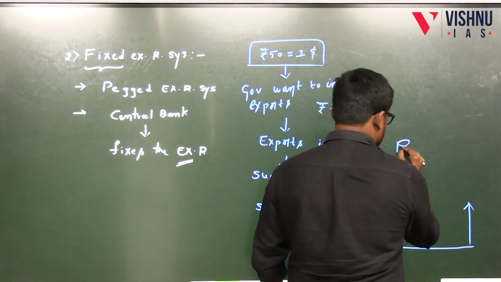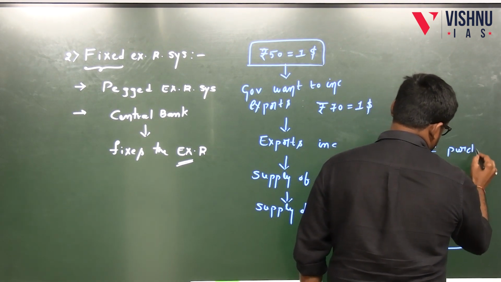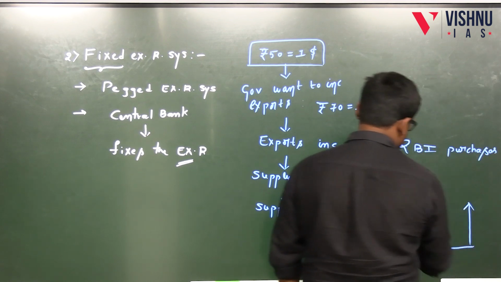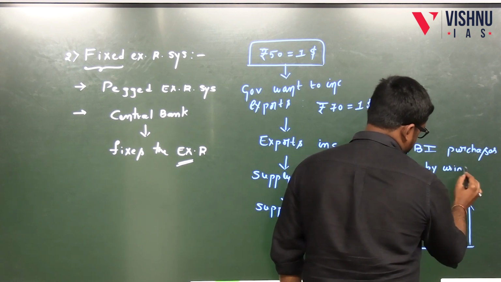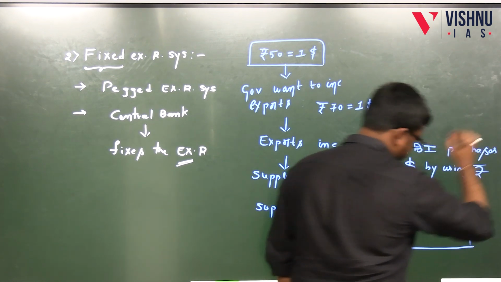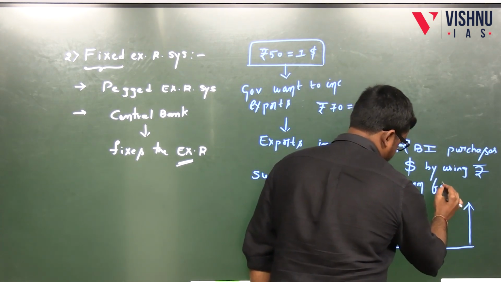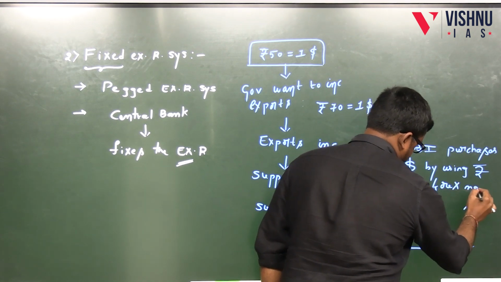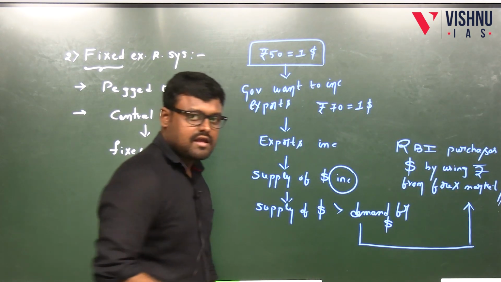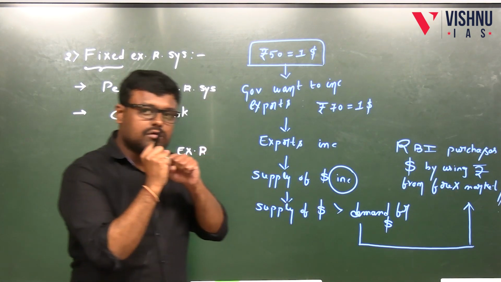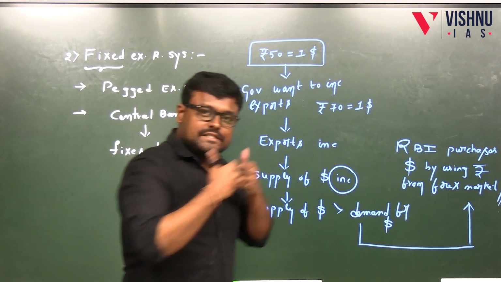So RBI purchases dollars by using rupees from the forex market, because as the supply is more than the demand, that excess dollars will be sucked out by the RBI. Now it has purchased dollars by using rupees.